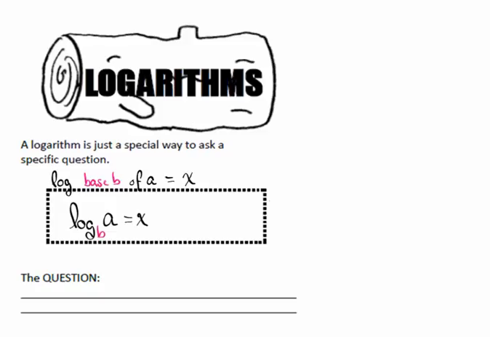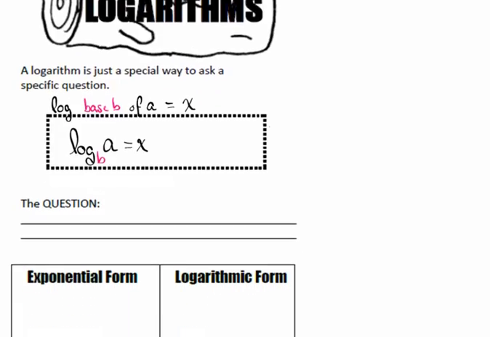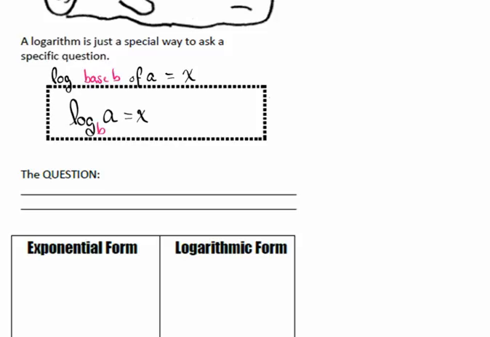Right, now log is a special way of asking a question. And this is a question that's related to exponents. And so a log is the inverse of an exponential question. An exponential question that might look something like this: 4 to the x power equals 9.